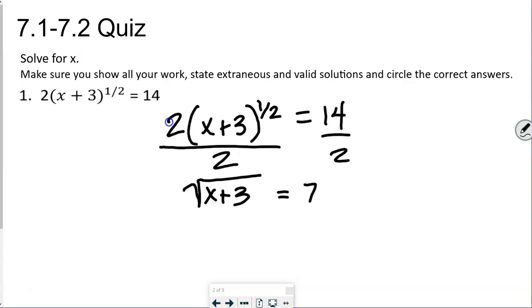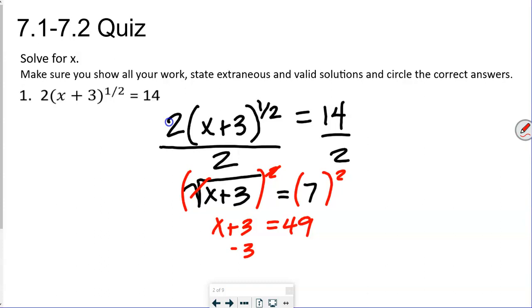I like doing that because it enables me to get the square root on one side and the number on the other. That then enables me to square both sides, because that's what I have to do to get rid of that square root. So now that cancels out, and I'm left with x plus 3 equals 49, and then I'm going to subtract 3 from both sides, so x is going to be equal to 46.